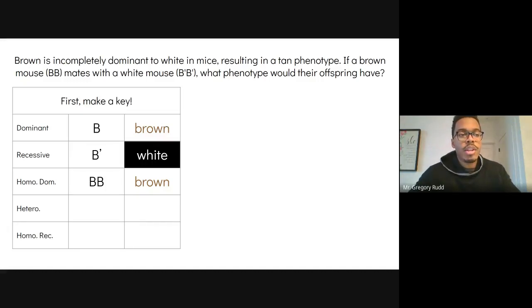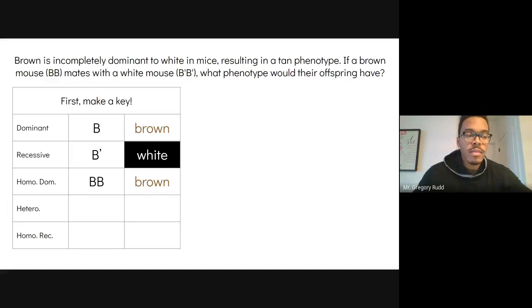What is that genotype? Come on, we already know what the recessive allele is, so we just need the recessive allele, it is not a lowercase b. What's the recessive allele in this case? We already wrote it into the key.